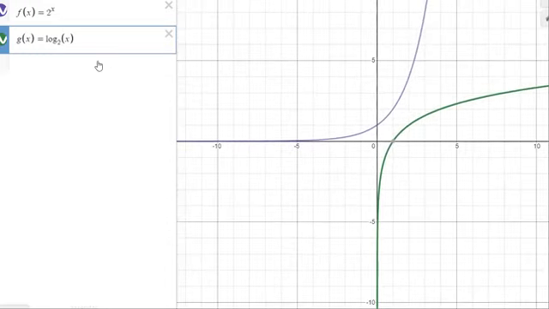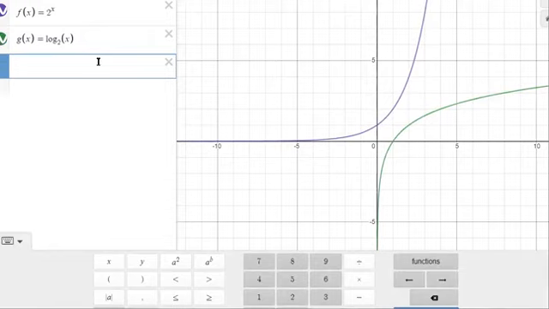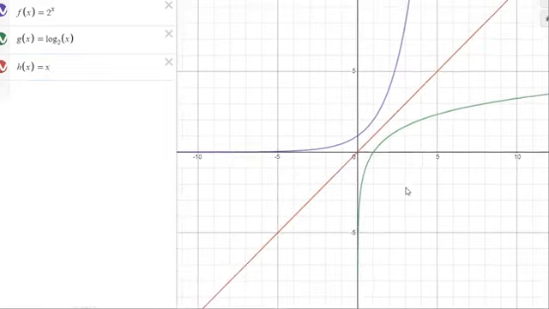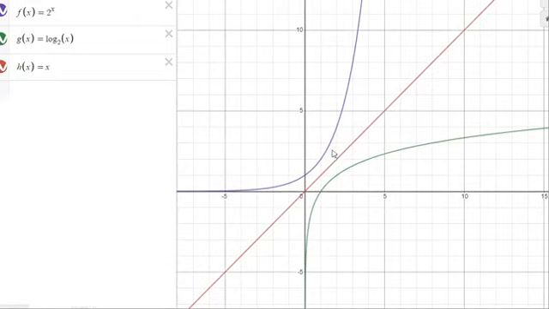If you can't, let's graph another function with it. Let's graph the linear function. H of x equals x. Now do you see it? Do you see the symmetry? It's kind of beautiful because if you look at it, it's kind of like the purple function is being reflected over the red line.